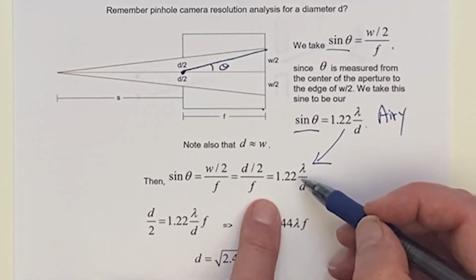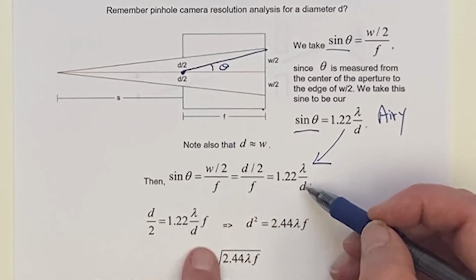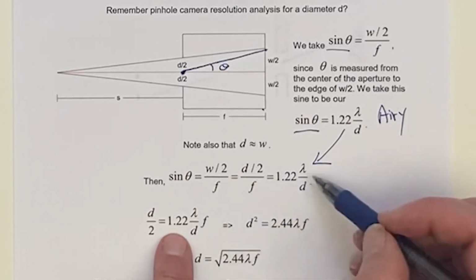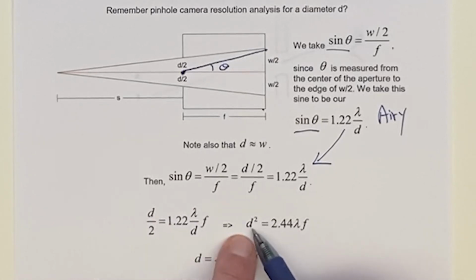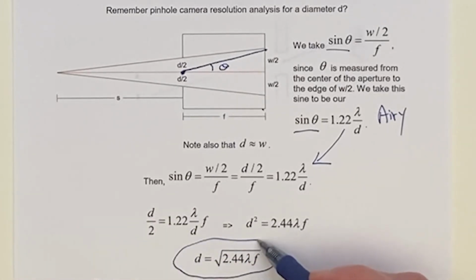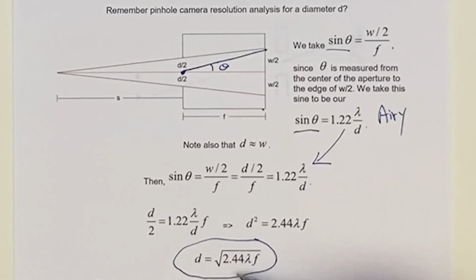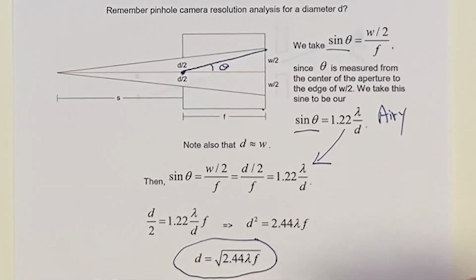When you look at these equations, by bringing the F to the other side, and bringing the d over as d squared, and doubling the 1.22, we get the equation we saw earlier. So I just wanted to touch base with something we did earlier. We pulled that 2.44 out of a hat, and that's what we should use as one of the criteria. Now you can understand where the 2.44 comes from.